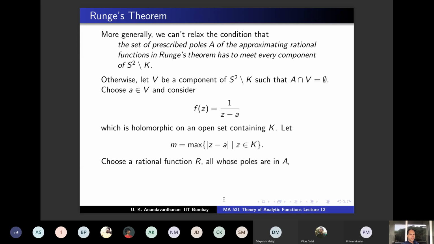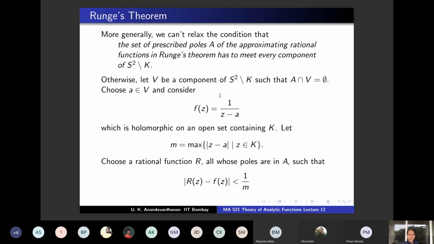Suppose you can approximate. So with this M you argue. Take 1/M as your epsilon, and there is a rational function such that the distance is less than 1/M. This rational function is such that its poles are in A and A does not meet V. Okay, so this can be done.